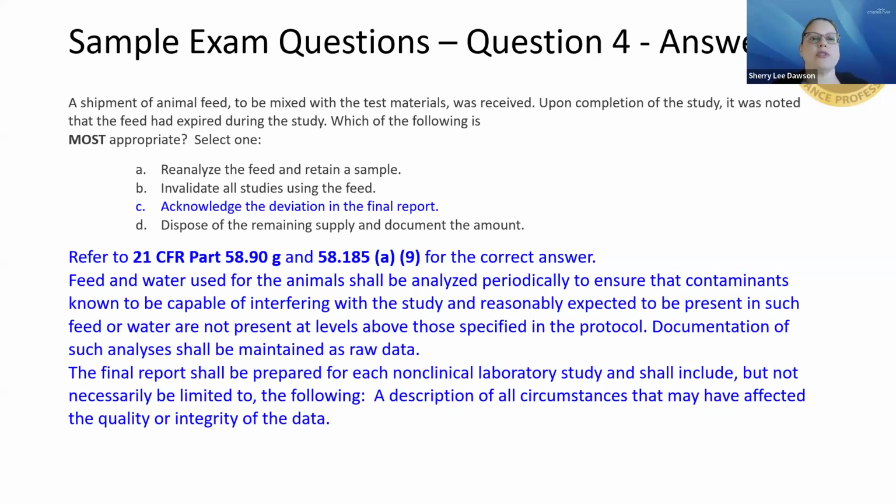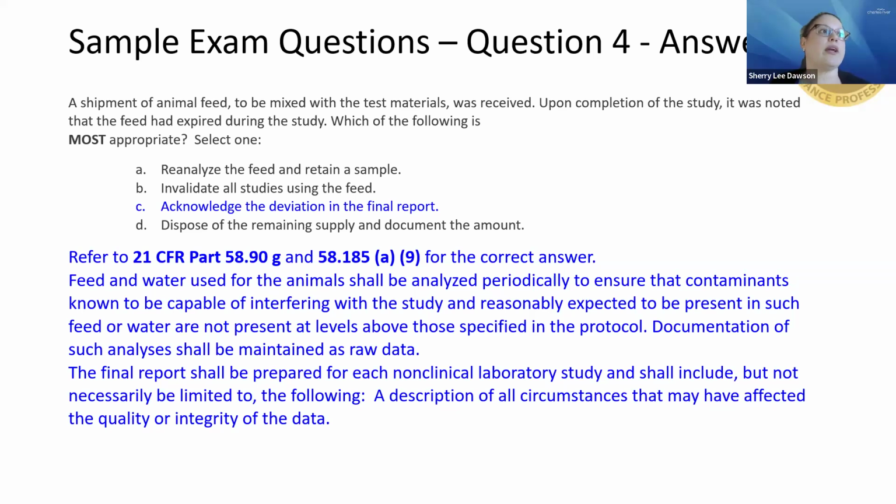Feed and water used for animals shall be analyzed periodically to ensure the contaminants known to be capable of interfering with the study and reasonably expected to be present in such feed or water are not present at levels above those specified in the protocol. Documentation of such analysis shall be maintained as raw data, and the final report shall be prepared for each nonclinical laboratory study and shall include, but not necessarily be limited to, the following: a description of all circumstances that may have affected the quality or integrity of the data.